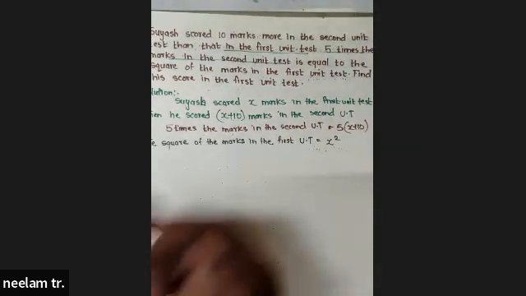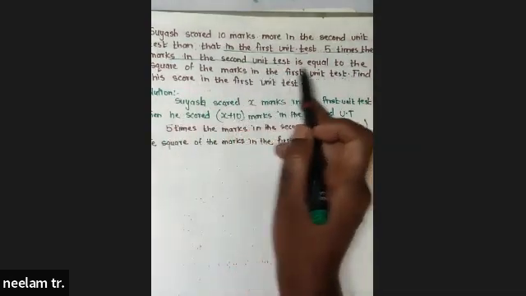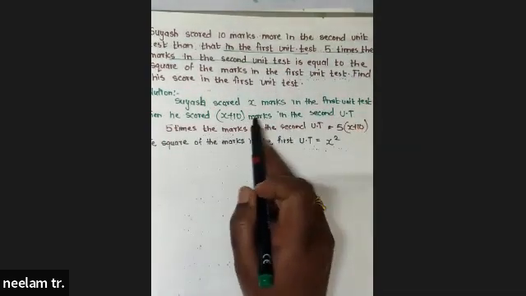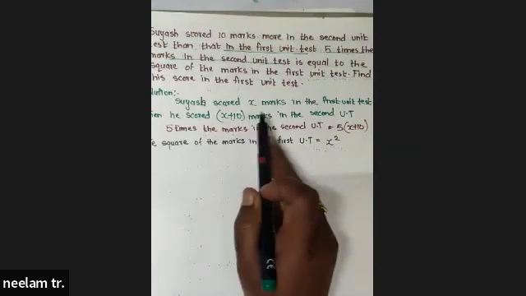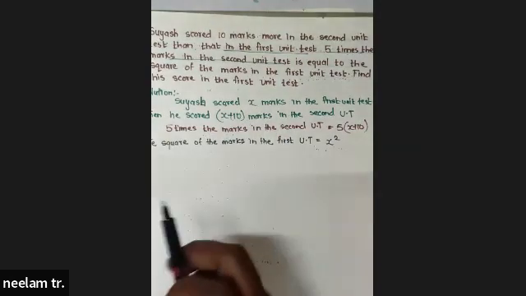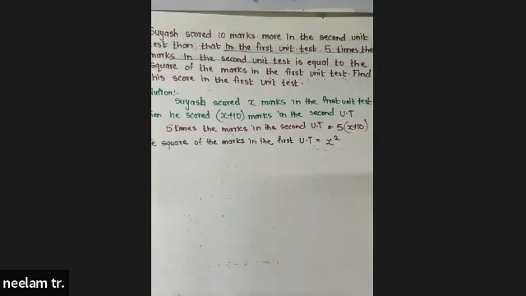Then now the next is given: 5 times the marks in the second unit test. 5 times means you need to multiply. Product means you need to multiply. Sum means you need to plus.